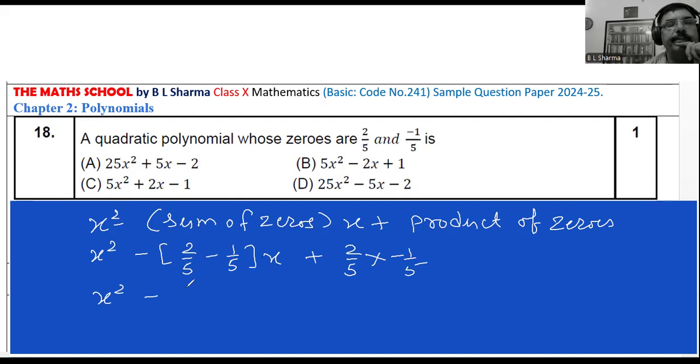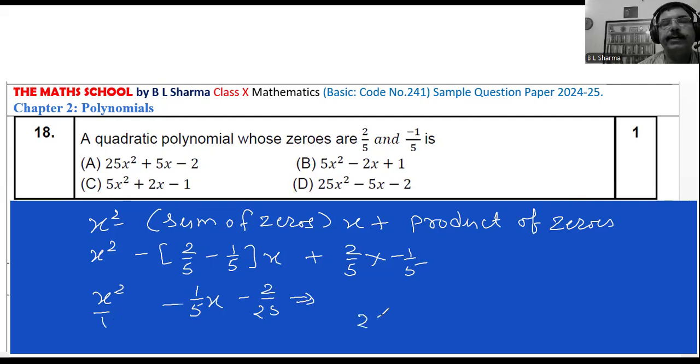X square, that is 1 by 5, sorry. That is 1 upon 5x minus 2 upon 25.